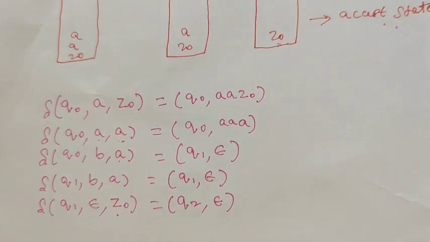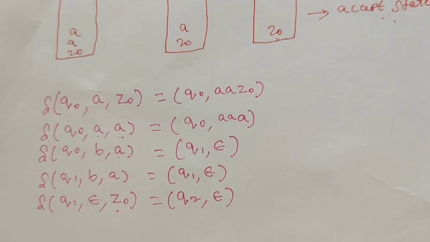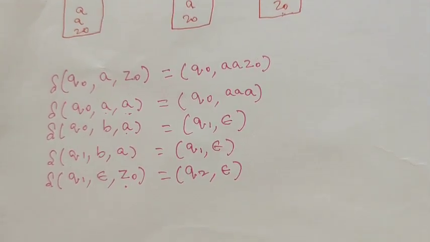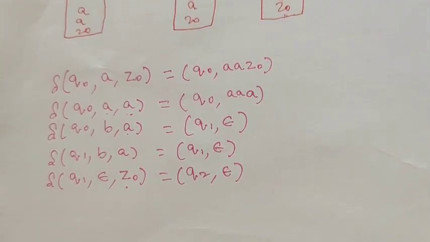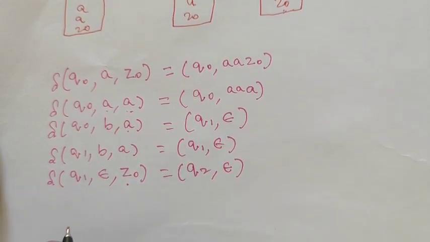Now we will draw the diagram for these transition functions. So how to draw this diagram? Altogether we have 5 transition functions on 3 states, Q0, Q1 and Q2. So we will draw the states here.